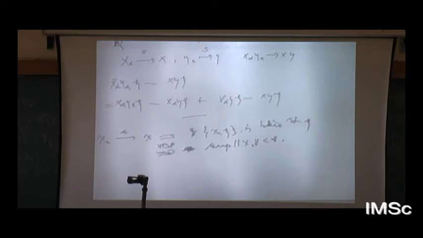So this will already tell you that the weak operator topology is not metrizable. Sequences are not enough to describe the thing, because you know that in the weak operator topology, multiplication is not jointly continuous.